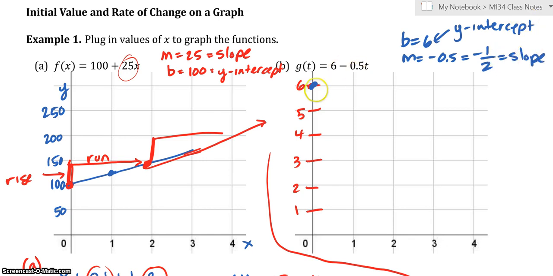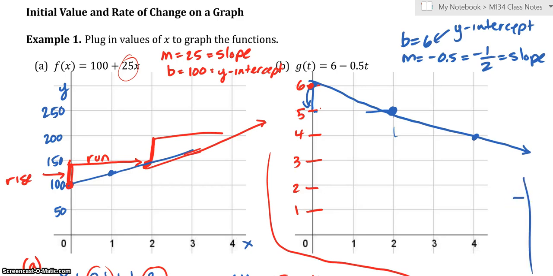So from this point, 6 is the y-intercept, and then I can go down 1 and right 2. I can think of my slope as rise over run, and then do it again, because I know it's a line. I'm going to try to draw a line there without a ruler, and you can erase these little scratch marks, and you get a nice graph.